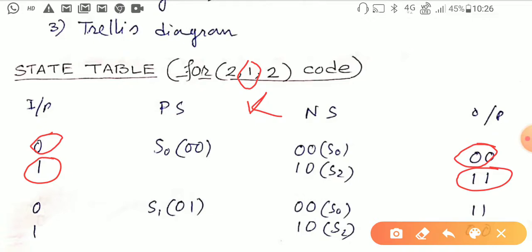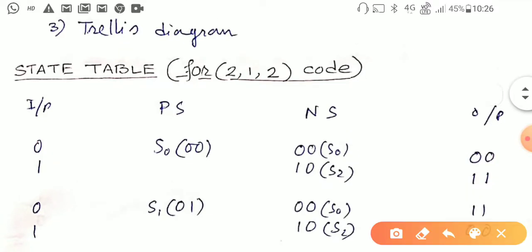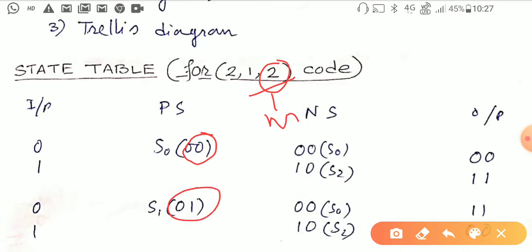The last one, 2, indicates the number of memory units, defined by small m. The memory unit can store 2 digits, so it can store 00, 01, 10, 11, whatever.